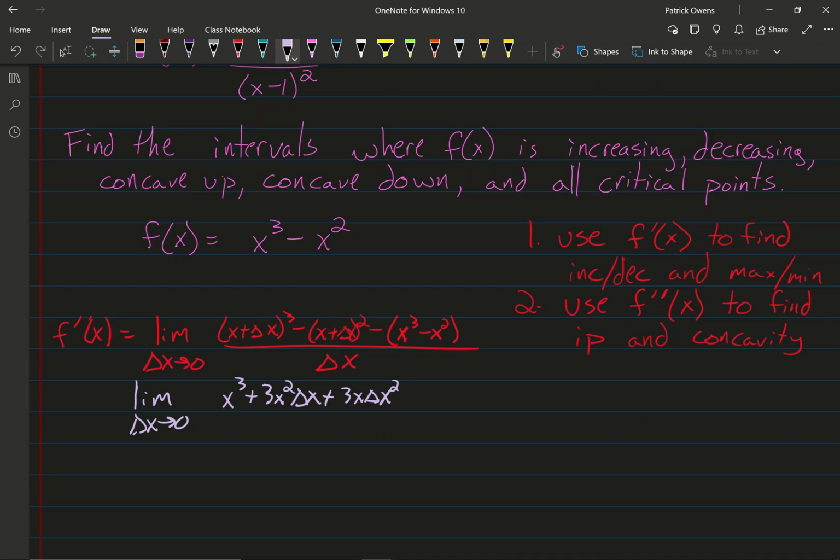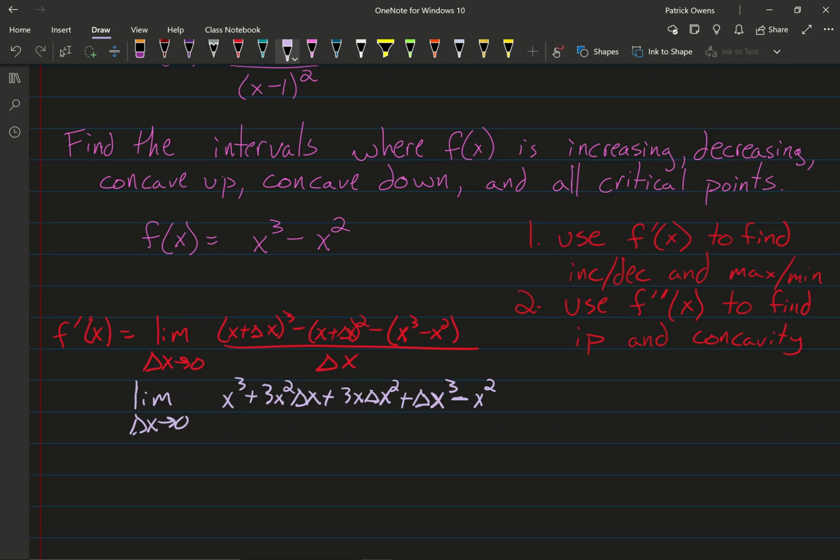okay. I'm not sure why my pen is not cooperating right now. So this should be a minus x squared minus there we go, minus x squared minus 2x delta x minus delta x squared.